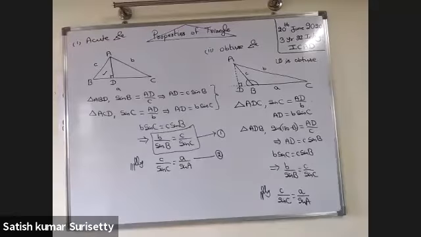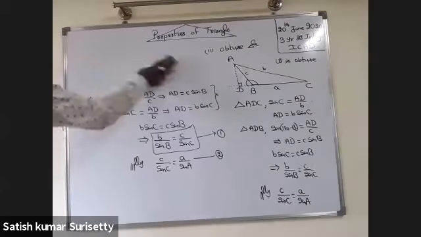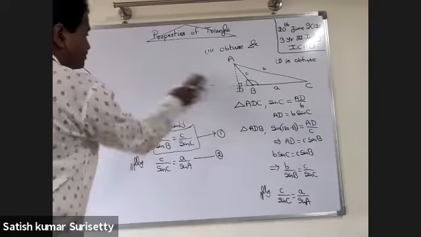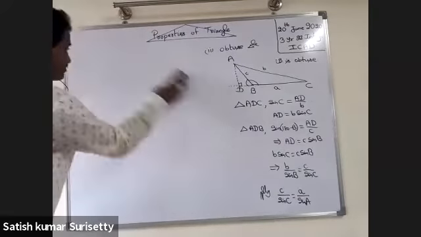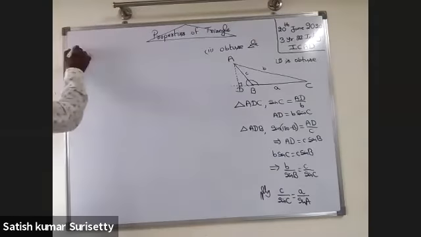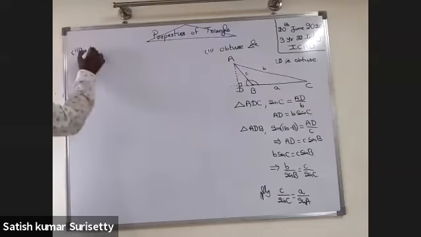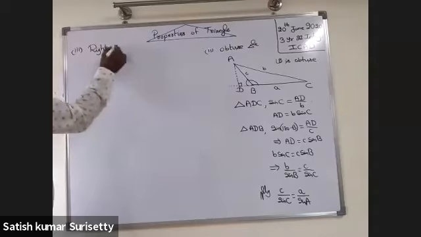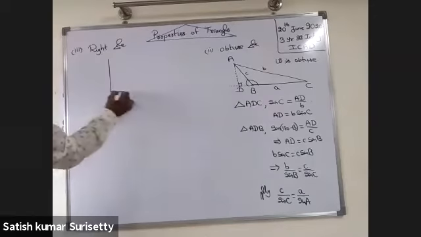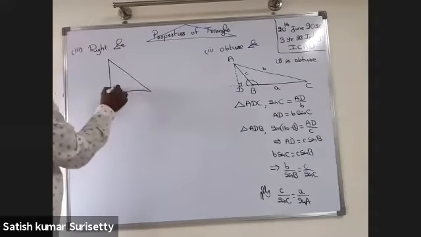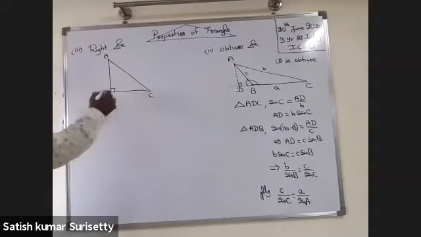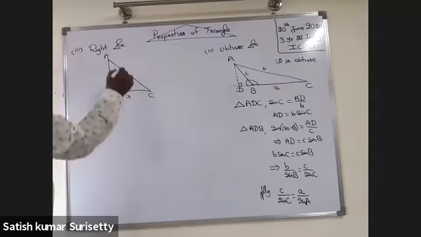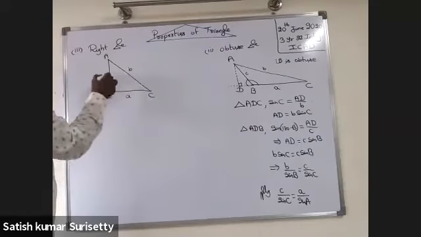For the third case, right triangle. Let us take angle B is right angle. BC equal to a, CA equal to b, AB equal to c.